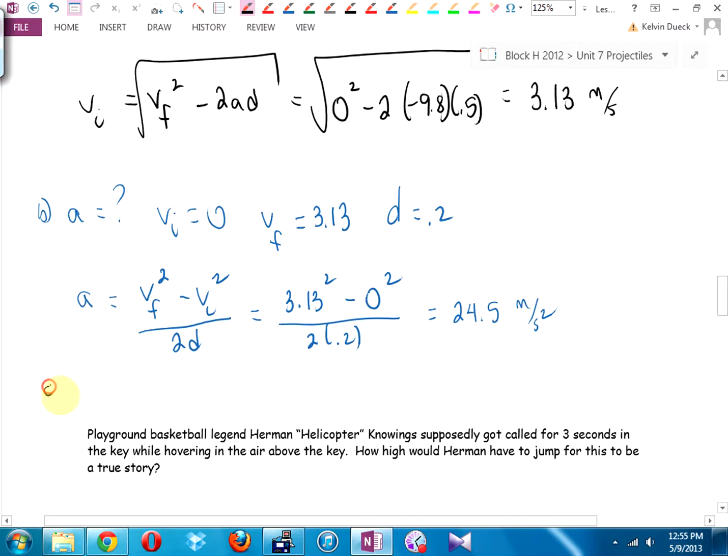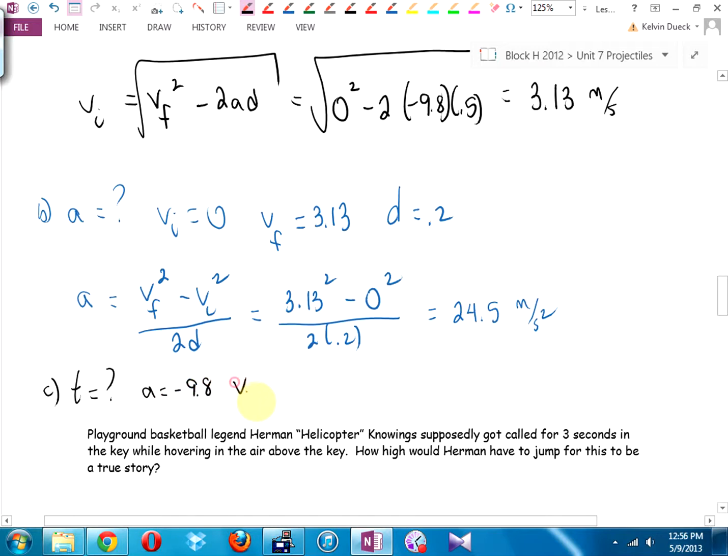C. What's C asking me to find? Oh, the hang time? Oh, the hang time. So not how long it took Enzo to straighten his knees, but once he left the ground, if he had hit 0.5 meters, how long he would have been in the air for had that been the case. So I still know in the air A is negative 9.8.